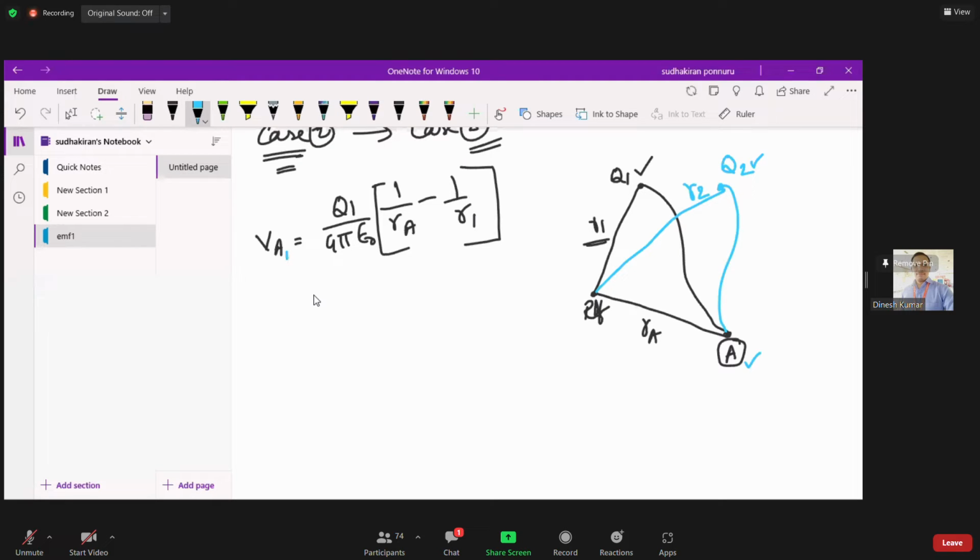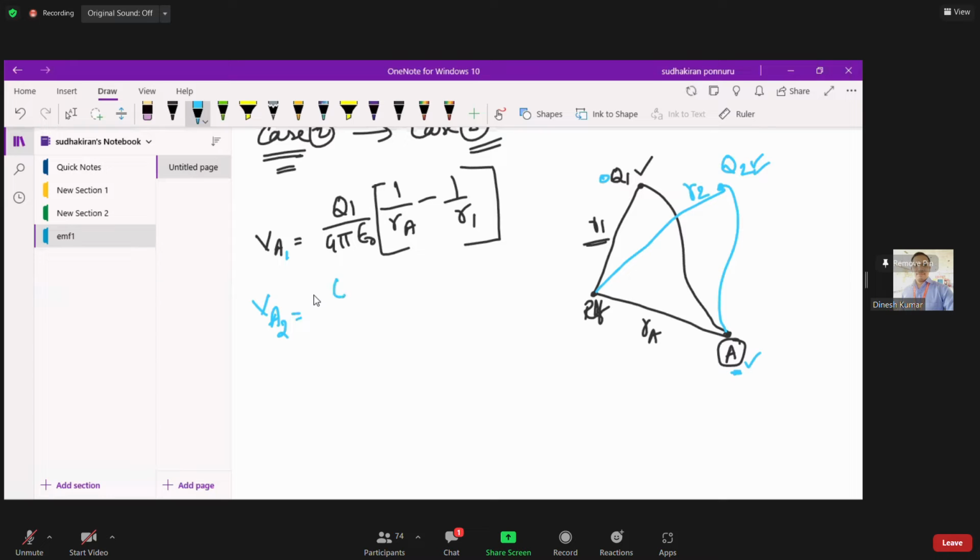VA1 is nothing but the potential at location A because of Q1. Now you are going to find the potential at A because of this point charge Q2. So there I am writing that as VA2. VA2 is nothing but the potential at location A because of point charge Q2.